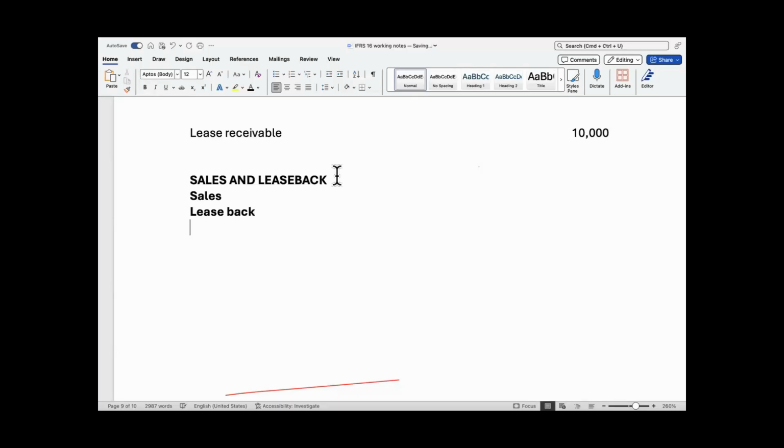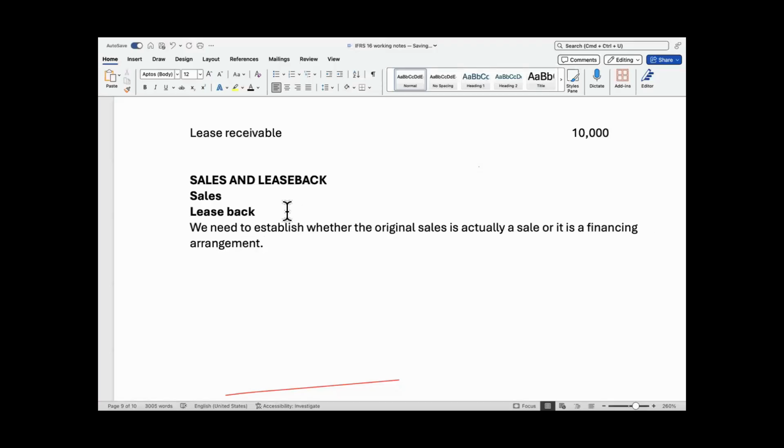So, majorly, what we need to establish is whether this original sale is actually a sale or it is a financing arrangement.